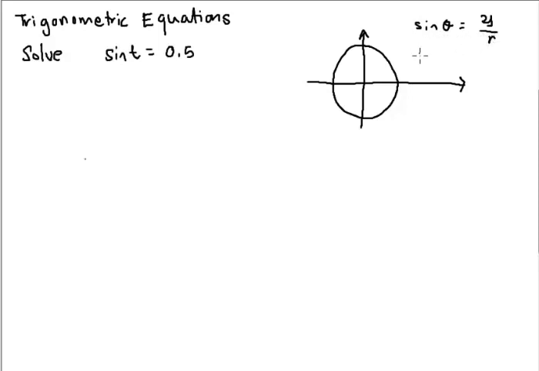Now that immediately says the coordinate y is always equal to r multiplied by sine theta. In a similar way, x will be r cosine theta. But the most important thing which I want to emphasize here, this ratio does not depend on the radius.